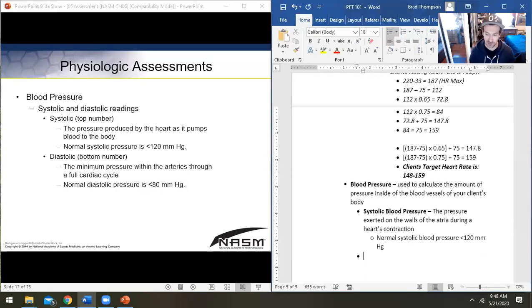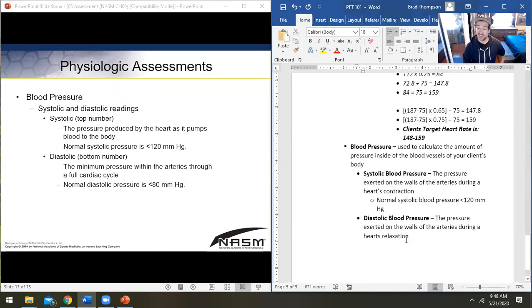Your diastolic pressure is the pressure exerted on the walls of the atria. I'm sorry, not atria, arteries. What am I talking about? Arteries during a heart's relaxation.